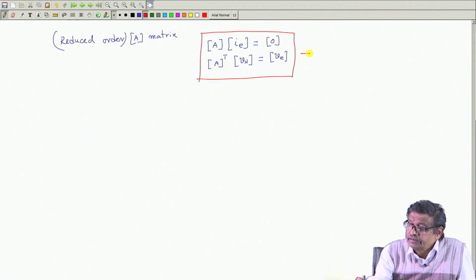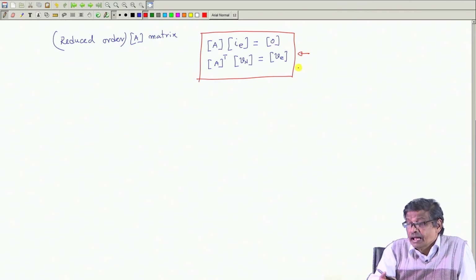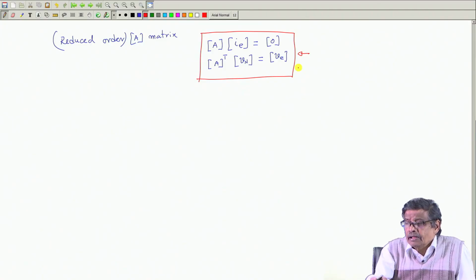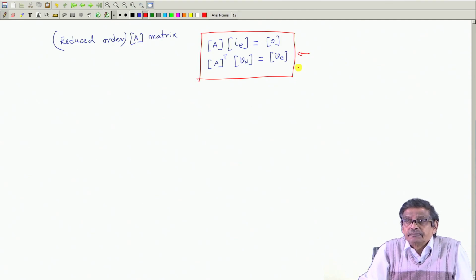We will come to this further. See, I have not yet talked how to solve for currents and voltages. What merely I am telling is that there exists some matrix A, whose entries are very simple numbers, plus 1 and minus 1, and they relate important things. Clear?